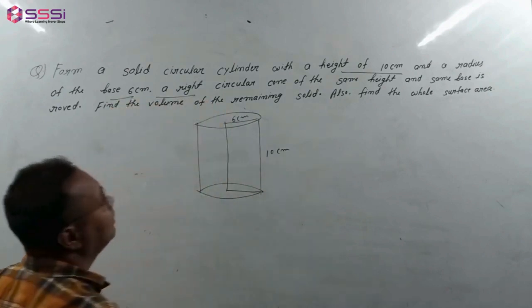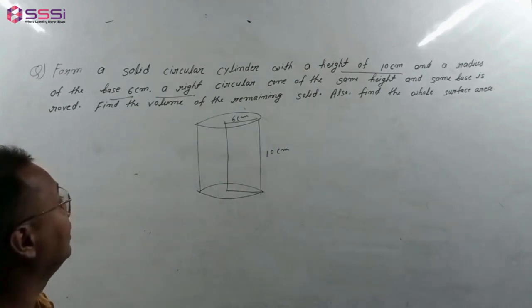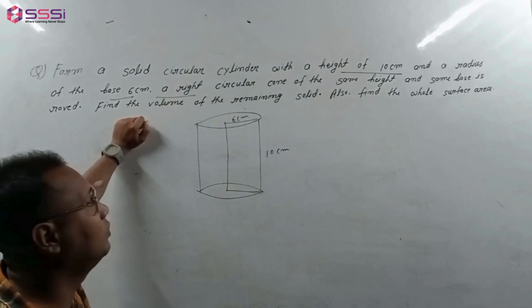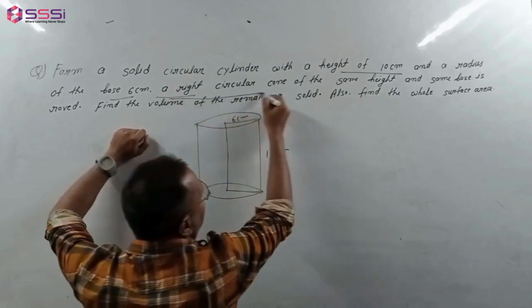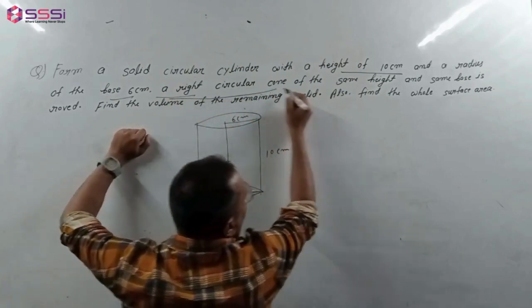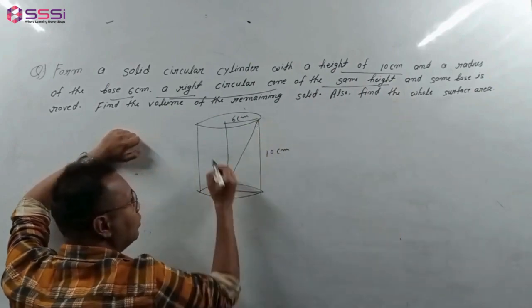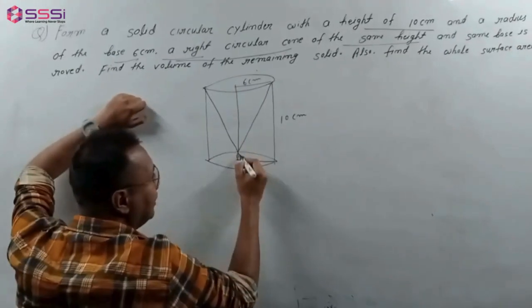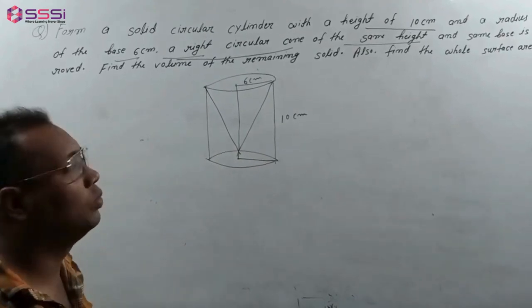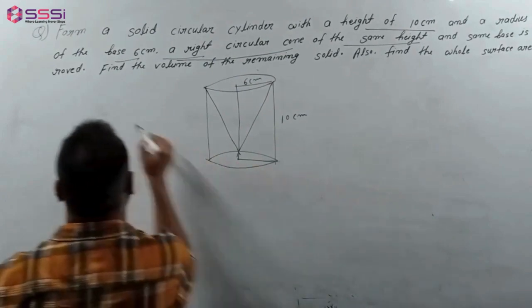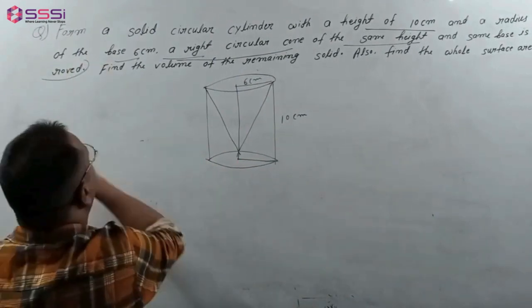And next sentence is a right circular cone of the same height and same base is removed.